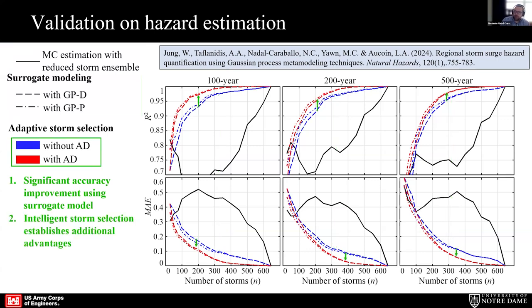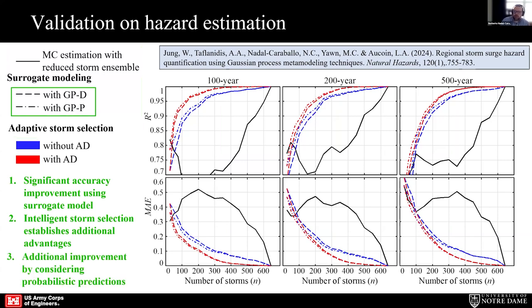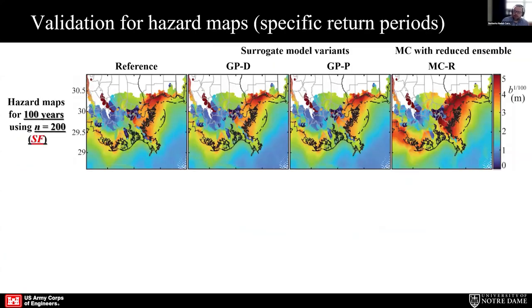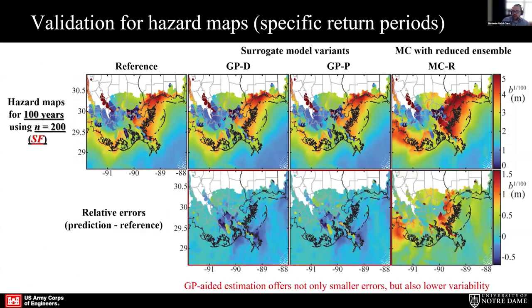We also show the improvements that we can obtain by using the adaptive selection. We see some improvements when looking at the red curve compared to the blue ones. And there are also some additional improvements when we consider the probabilistic implementation. So we have some 2D plots comparing the results for the state of Louisiana.